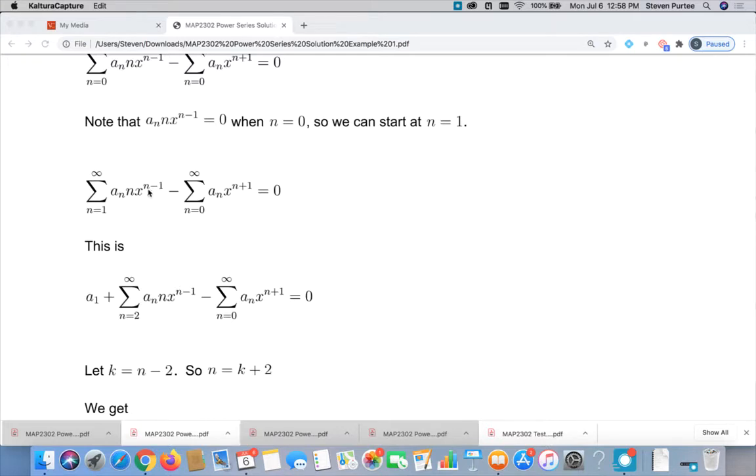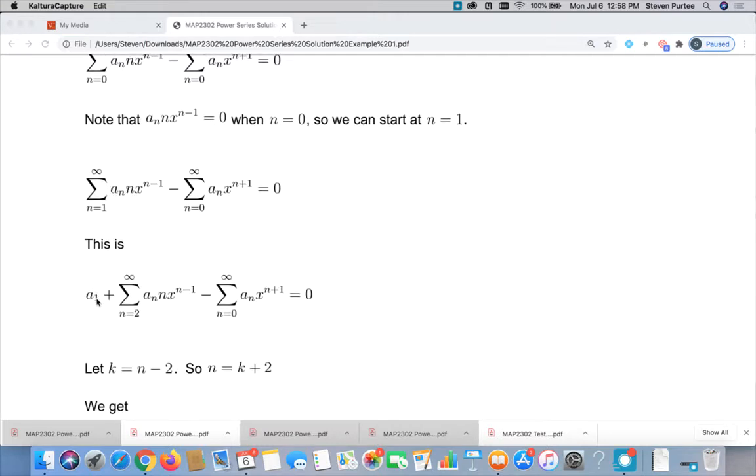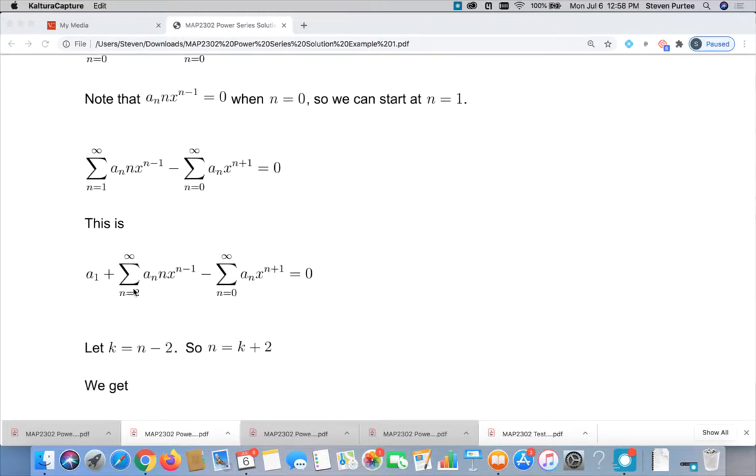For n equals 1, I get x to the 0, that's 1 times a1. So I've really broken off the first 2 terms, just the first one was 0, and I made this guy start at 2. The reason I wanted to do that was the difference between here and here was 2, so I want the difference between the starting points to be 2.